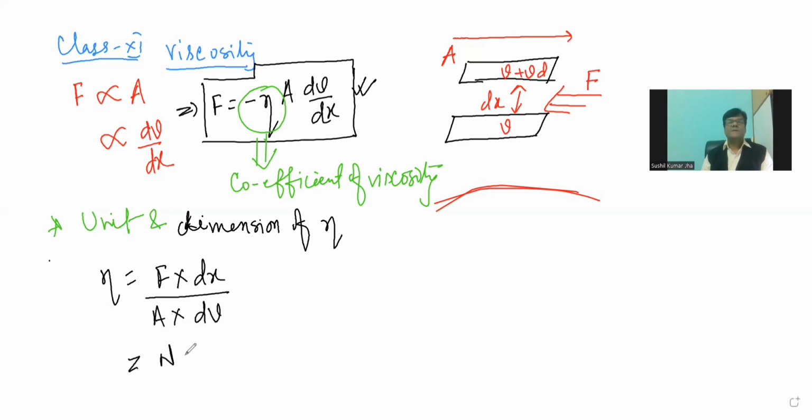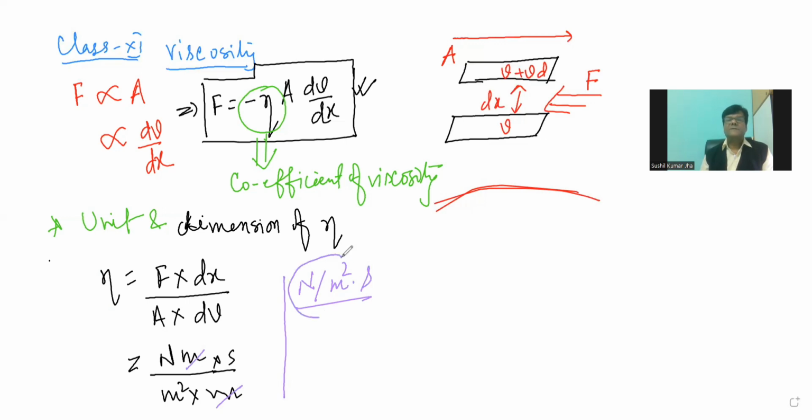F we write in Newton, dx is distance, so meter, area is meter square, and dv means velocity, so meter per second. So second will go up, meter and meter cancel, and thus we are left with Newton per meter square into second. This becomes the unit. We know Newton per meter square can be written as Pascal. So Pa into second, Pascal second, can also be its unit.